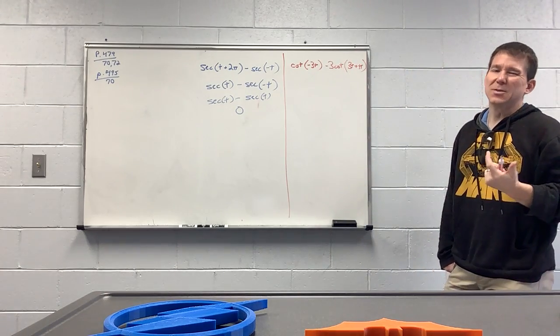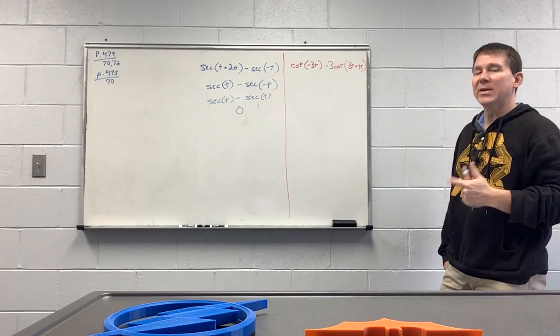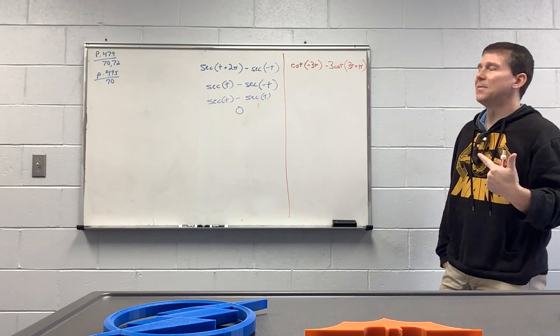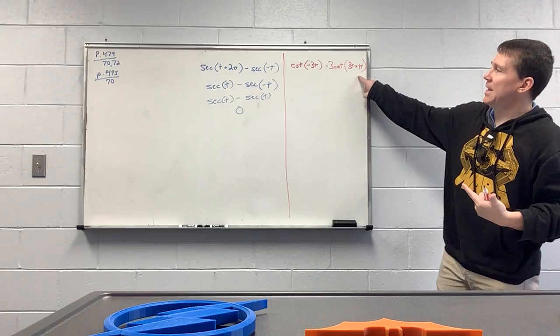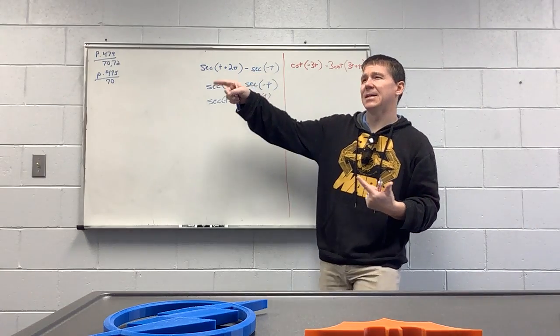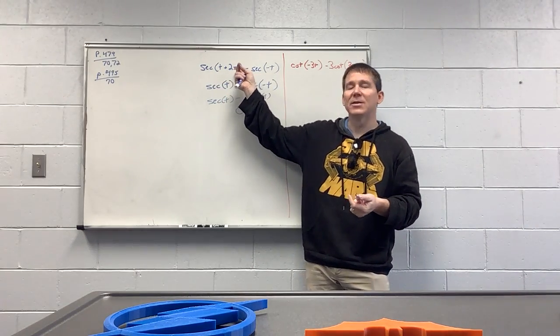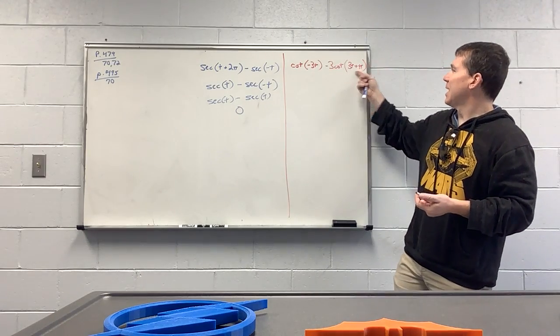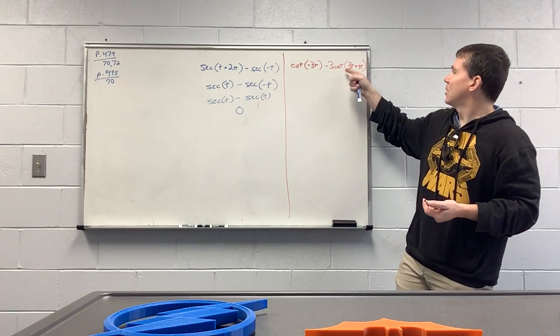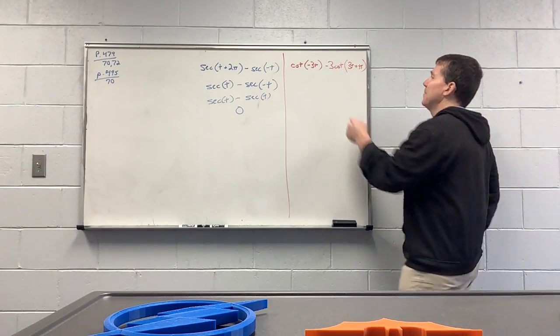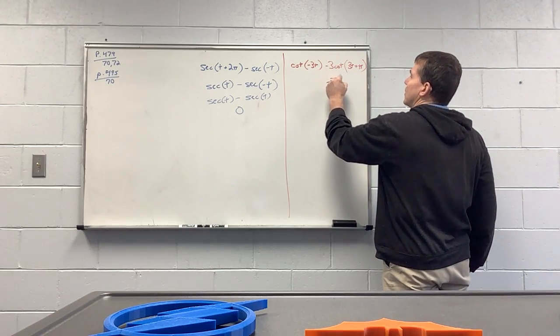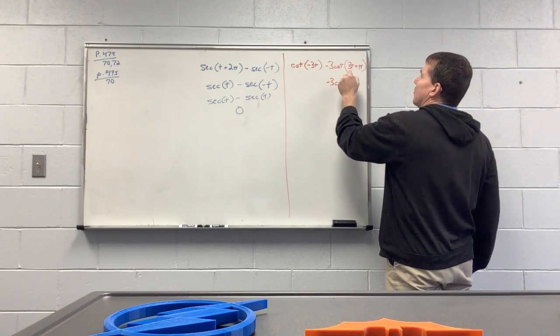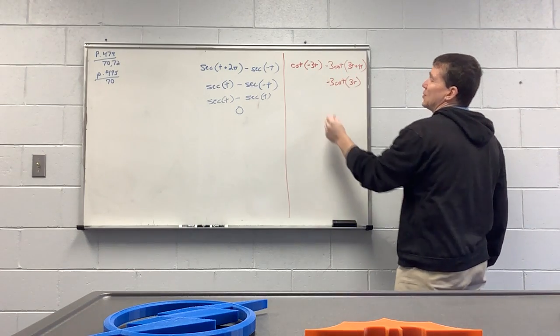And we're essentially going to use the same two ideas here, the periodicity and the even or oddness. In this case, sine, cosine, secant, and cosecant all have period 2 pi. Tangent and cotangent are the different ones. They have period pi, which means cotangent of 3t plus pi is the same, we can just rewrite this, as negative 3 cotangent of 3t. We can just drop the pi.